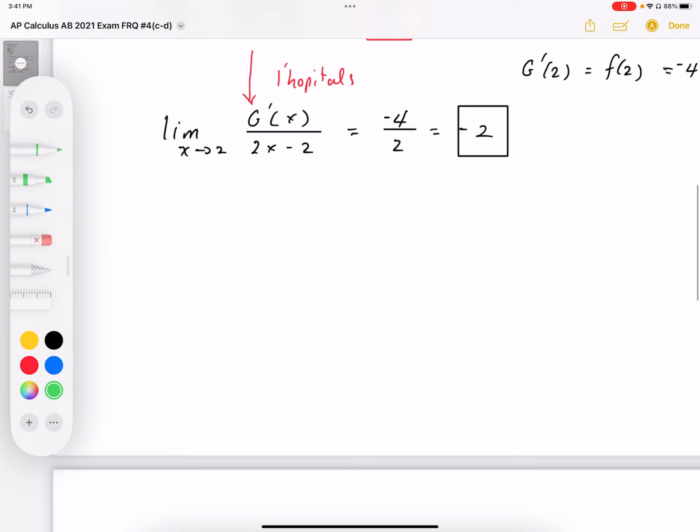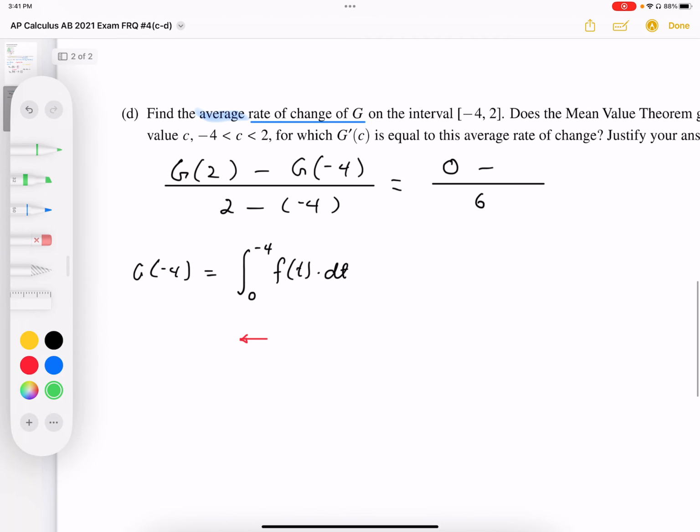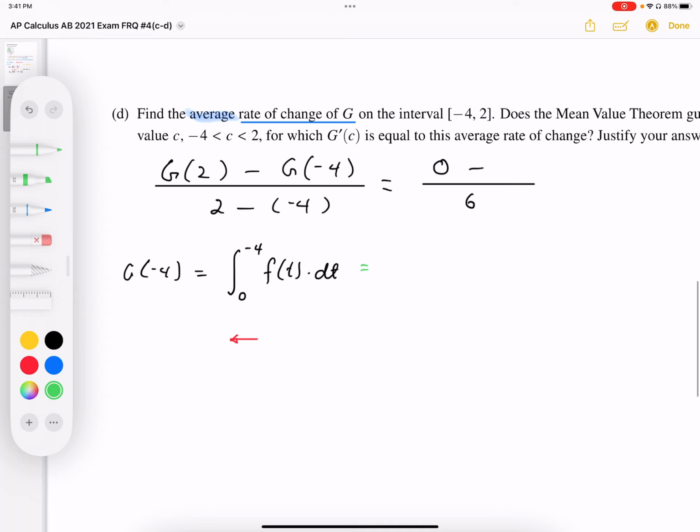So when I work that out, g of negative 4 is going to be that area, which is negative 16. Okay, so that's going to be the value of g of negative 4. So I can plug that into my slope formula, negative 16, and working that out, I end up with 16 over 6, which simplifies to 8 over 3. So that is the average rate of change of g on that interval.